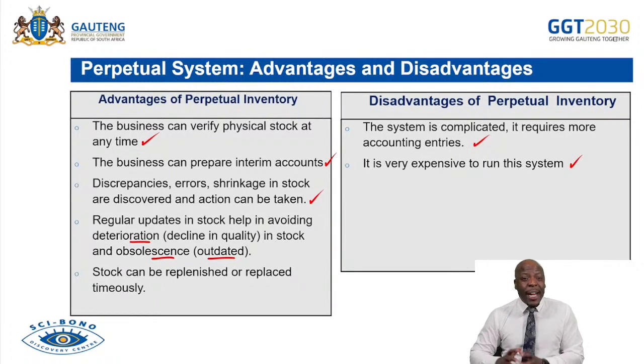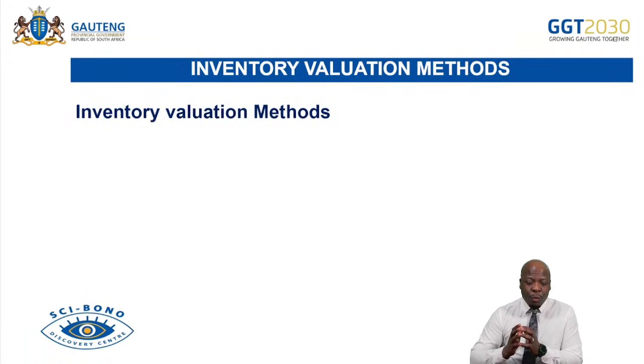So we were talking about the perpetual and the periodic inventory systems. Now we're going to move on to our inventory valuation methods. Don't confuse these two. First, I spoke about the inventory systems, two inventory systems.